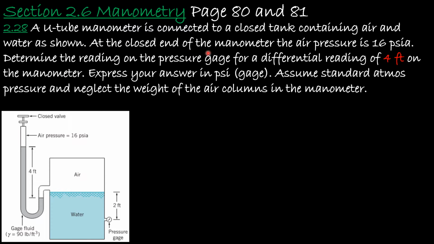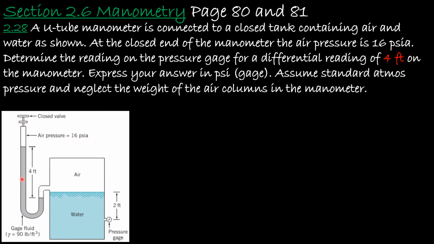At the end of the manometer, right here where we have the closed valve, the air pressure is 16 psi A. 16 psi stands for pound force per square inch. The A stands for absolute. Determine the reading on the pressure gauge for a differential reading of 4 feet.